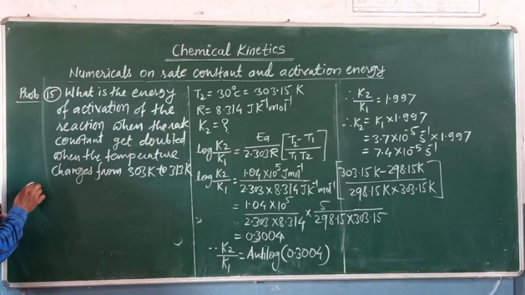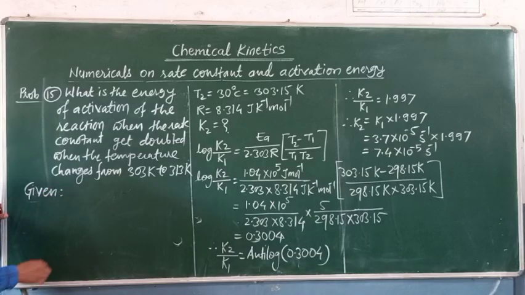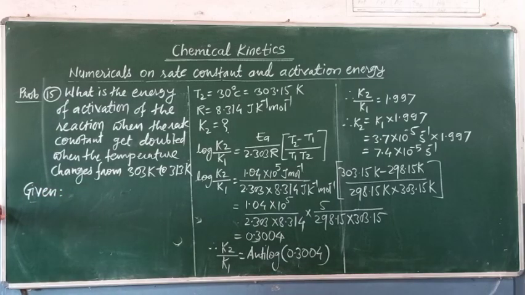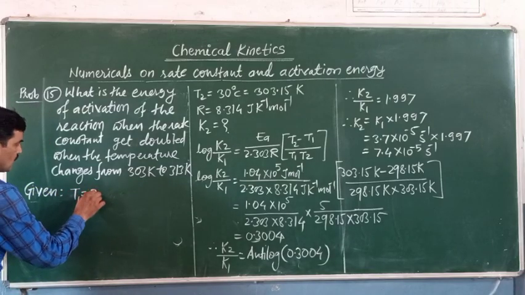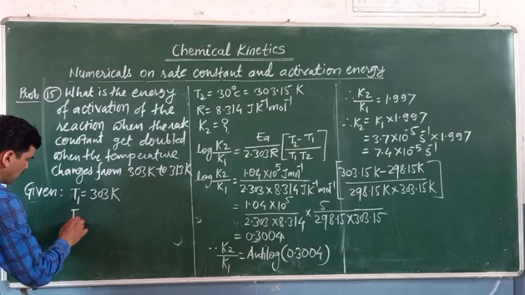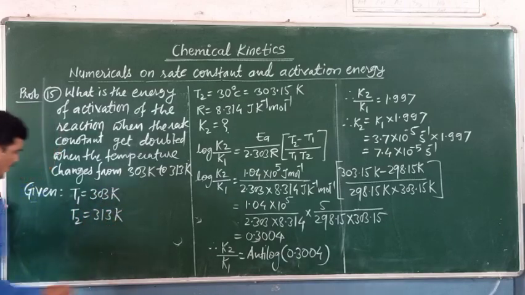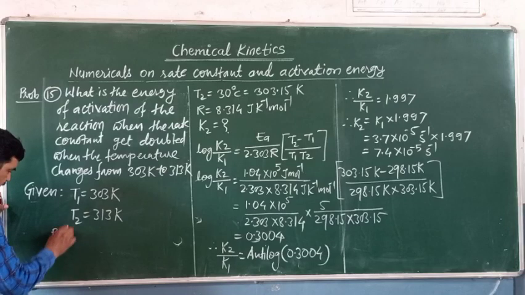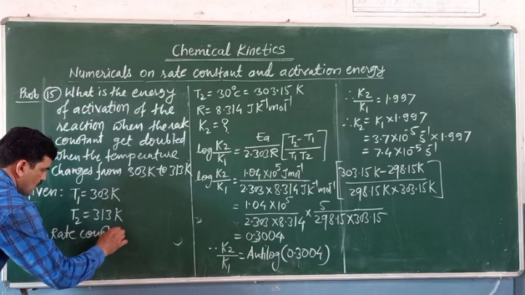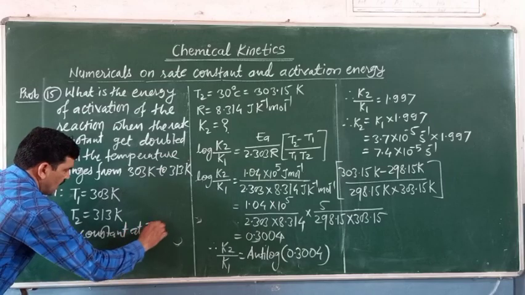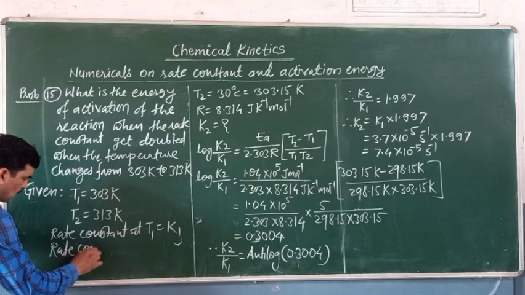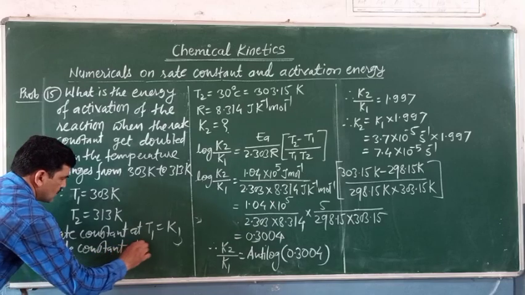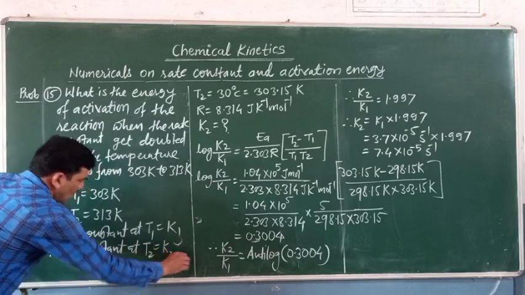So here the given values are: lower temperature T1 equal to 303 Kelvin, higher temperature T2 equal to 313 Kelvin. Now the rate constant at T1 is K1, and the rate constant at T2 is K2.